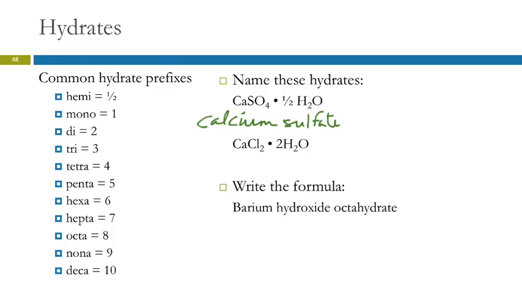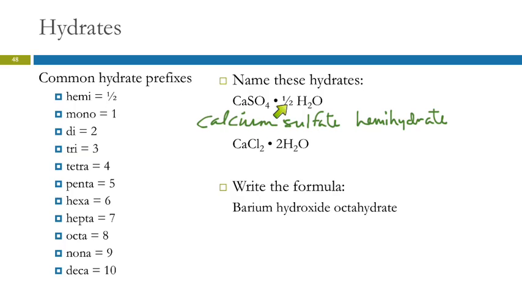And the prefix for half is hemi, so hemihydrate. What is a hemisphere? It's half of a sphere, right? Okay, our Earth has 2 hemispheres. So hemihydrate is half a hydrate.